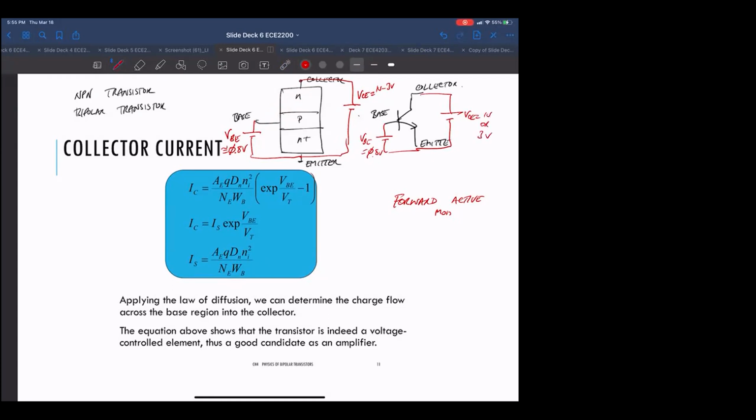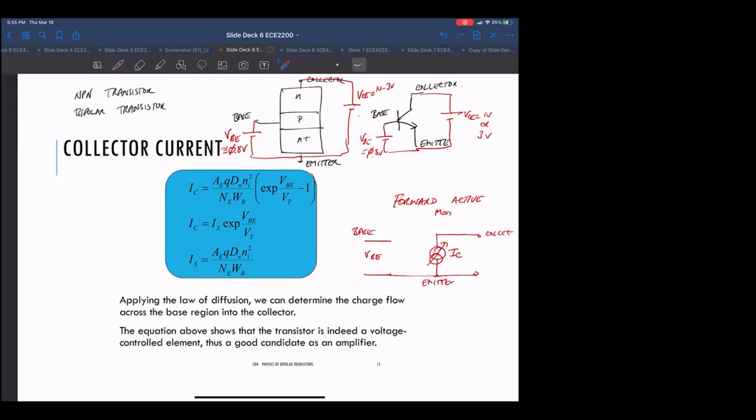Okay, so if you hook it up like this, what you'll end up with is a circuit that looks like this. There's an I sub C here. So this is a current source. This is collector, emitter, and base.